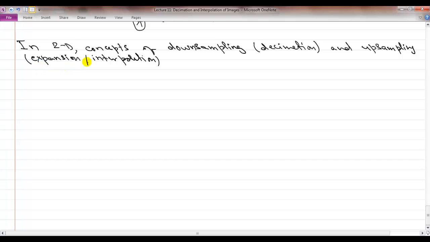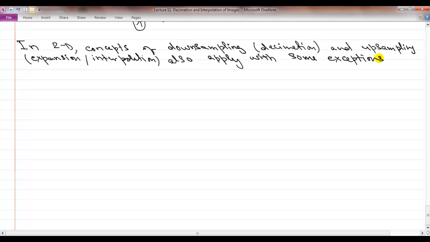So expansion is different than interpolation. I'm just saying that upsampling consists of this expansion operation and a low-pass filter. These concepts also apply in 2D with some exceptions, because the extensions are not as straightforward as in the 1D case.